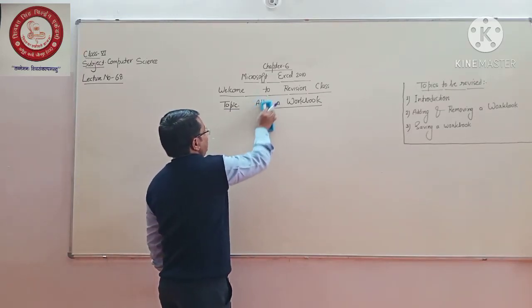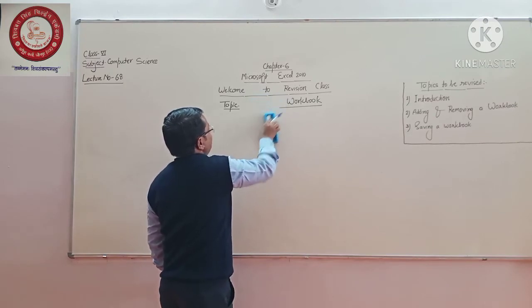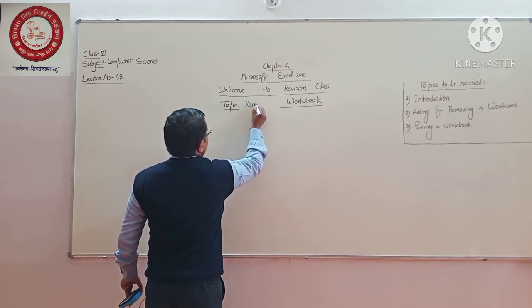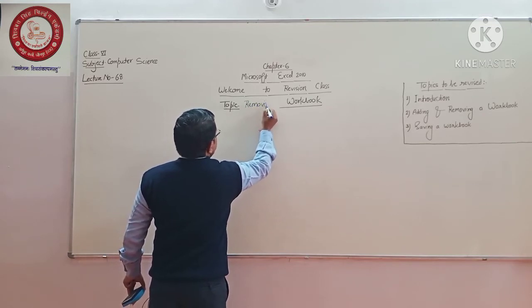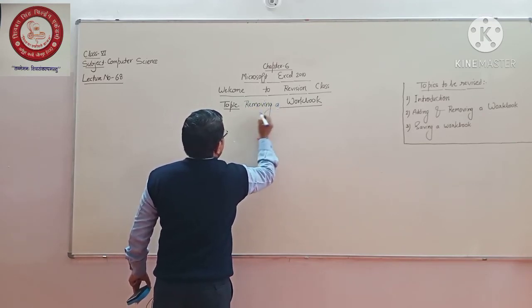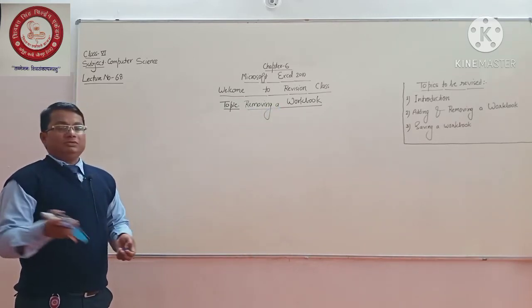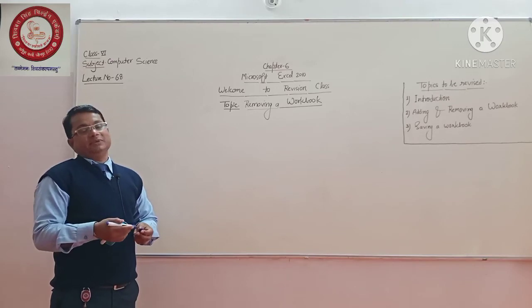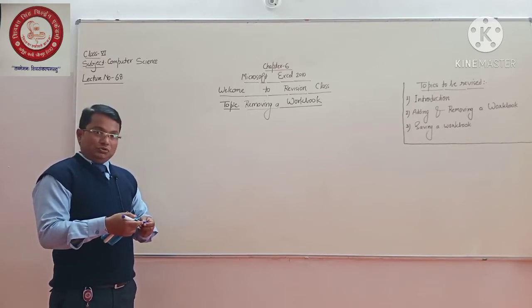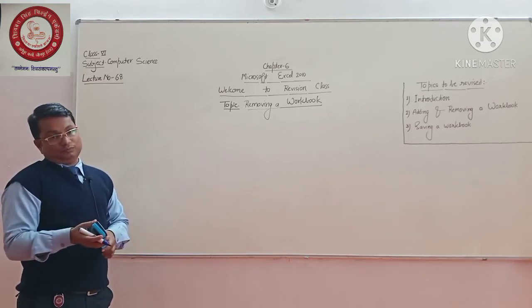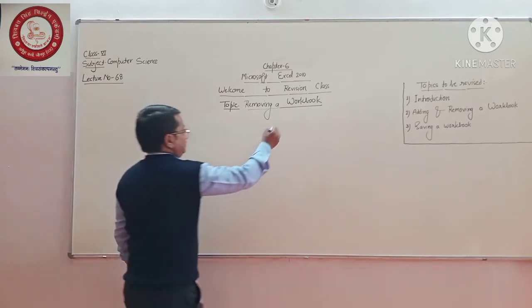Now it's time to understand removing a workbook. That's a very simple process for you. You can do this by using your keyboard as well as the mouse. There are two ways.